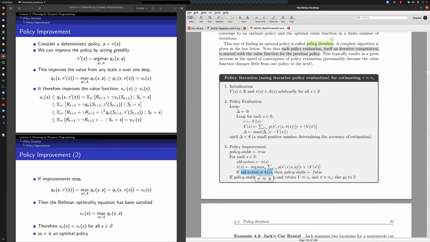We have to compare the values of actions instead of the actions, to avoid an infinite loop when we switch between actions.